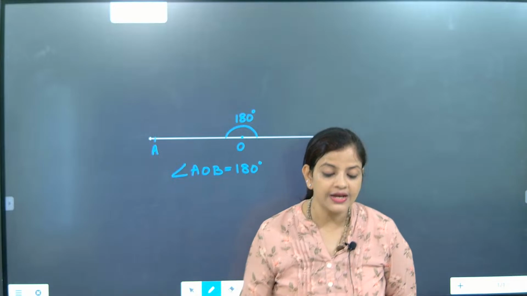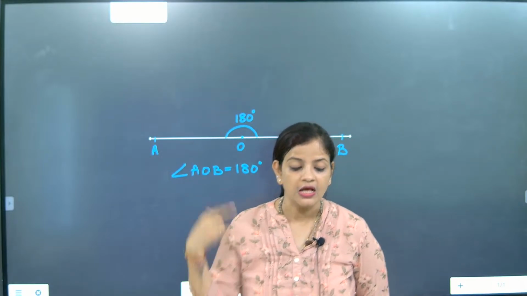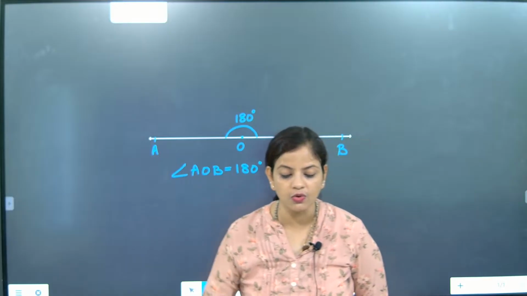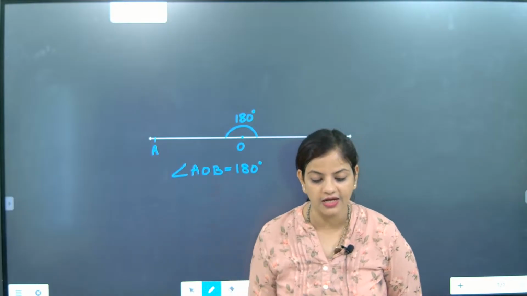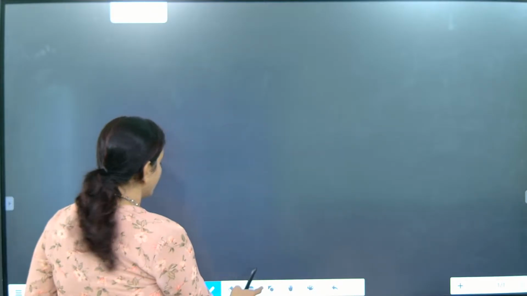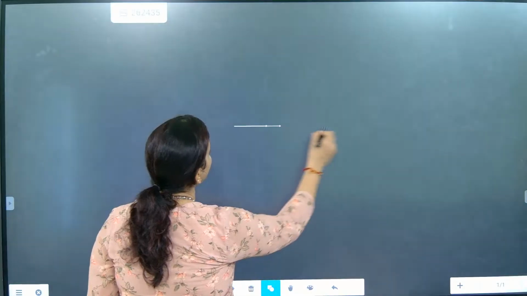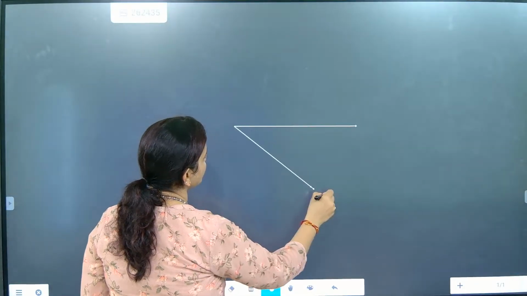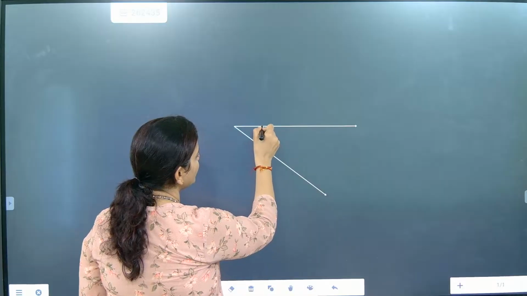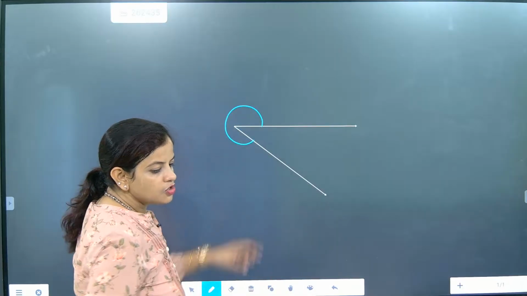Okay. Now next comes the reflex angle. We are going to understand the meaning of reflex angle. Here we draw it from outside.